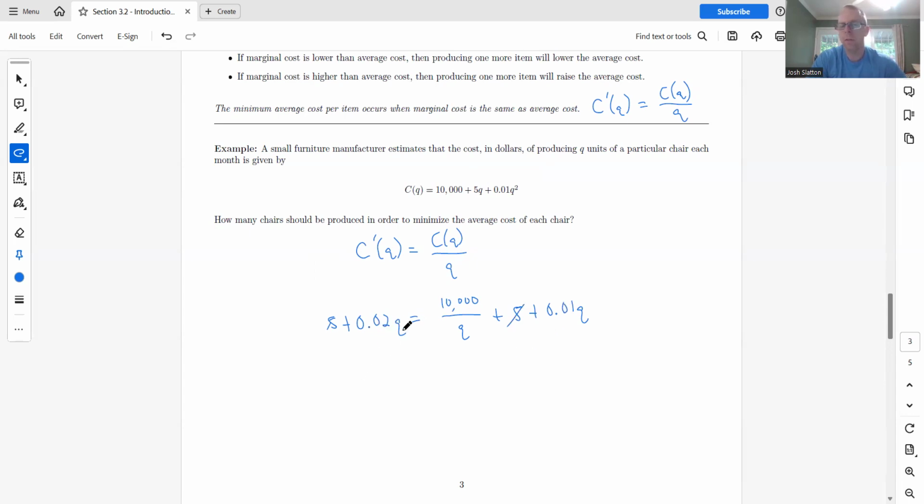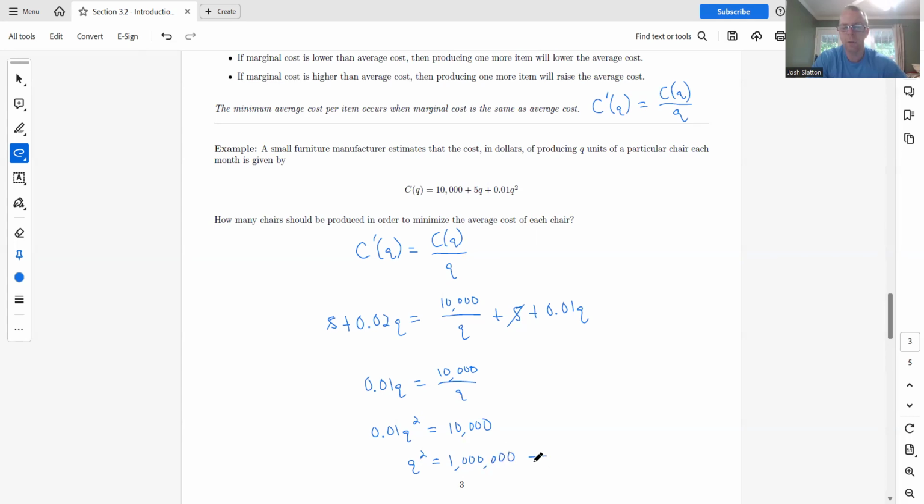So 0.02Q minus 0.01Q gives us 0.01Q equals 10,000 over Q, and then 0.01Q squared equals 10,000, divided by the 0.01, and we get Q squared equals 1 million.